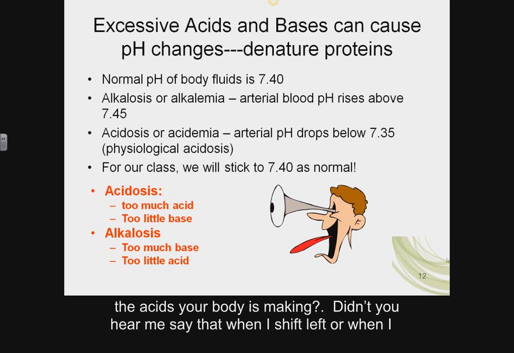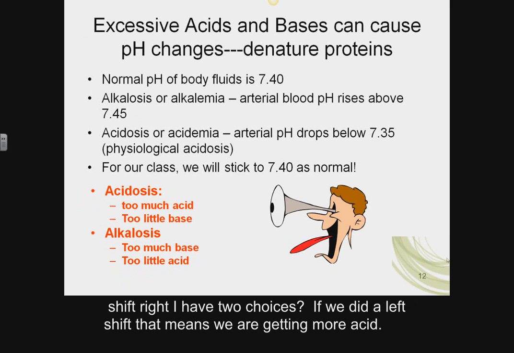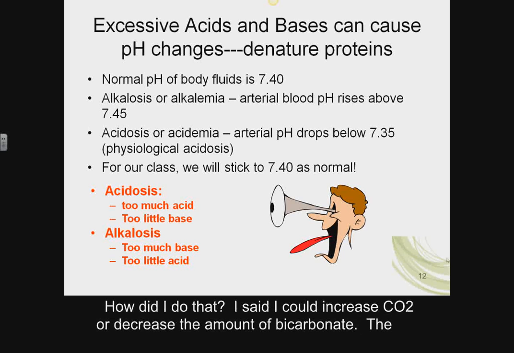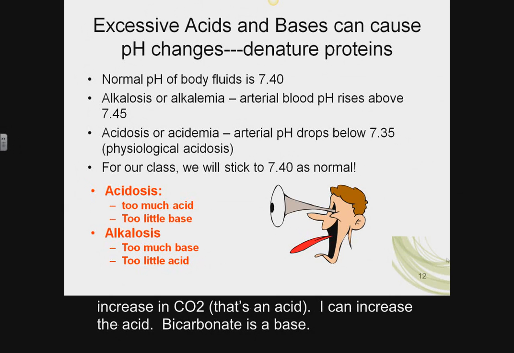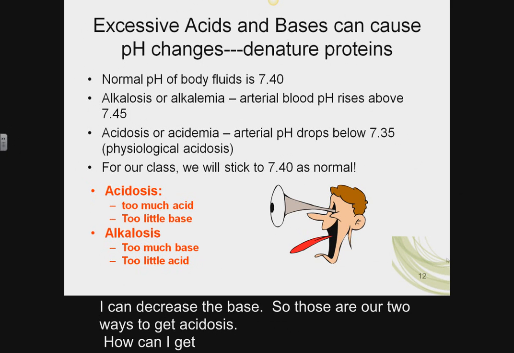If we did a left shift, that means we're getting more acid. How did I do that? I said I could increase CO2 or decrease the amount of bicarbonate. The increase in CO2, that's an acid, I can cause acidosis. Bicarbonate, it's a base. I can decrease the base. So those are our two ways to get acidosis.